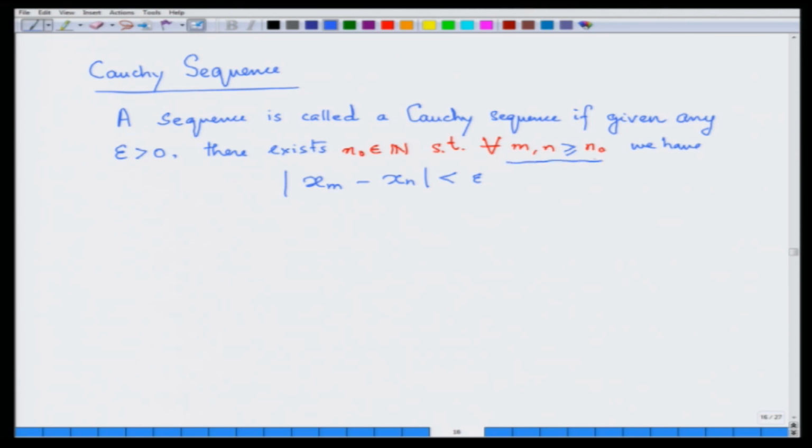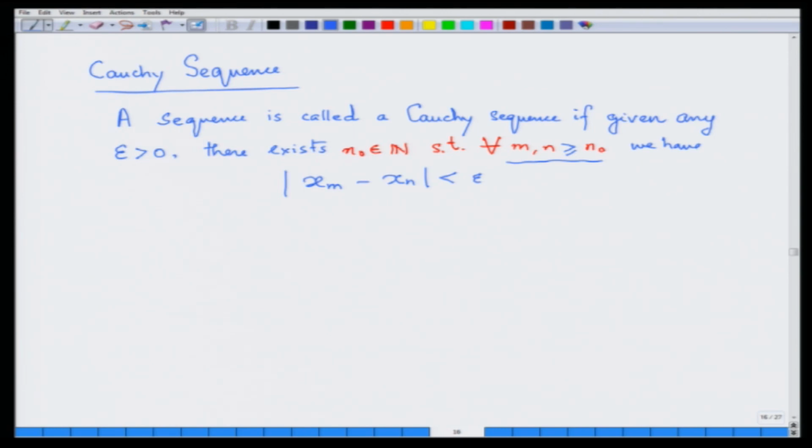There exists an n naught, means you are counting from x1, x2, dot dot dot up to xn naught. So, for all m, n greater than or equal to n naught, this is always holding. So, this is a very important property that these points are clustering very near each other and also along the line. This is something of very fundamental importance.